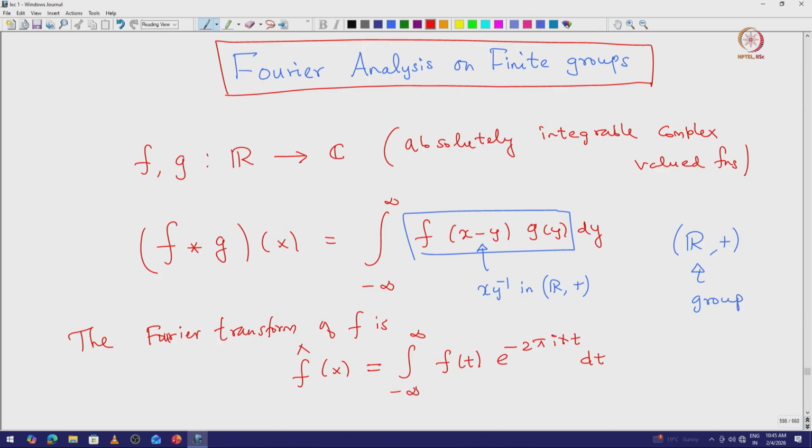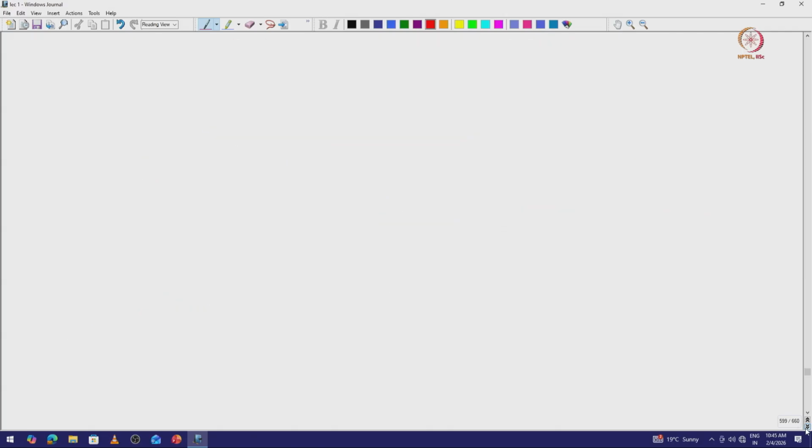The important thing about Fourier analysis is that once we define this Fourier transform of f, we have the Fourier inversion. Given f hat, we will be able to recover f. That is the most important part of Fourier analysis.